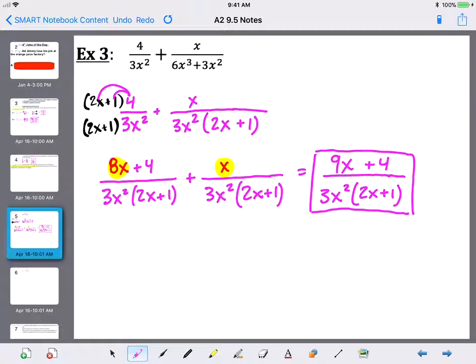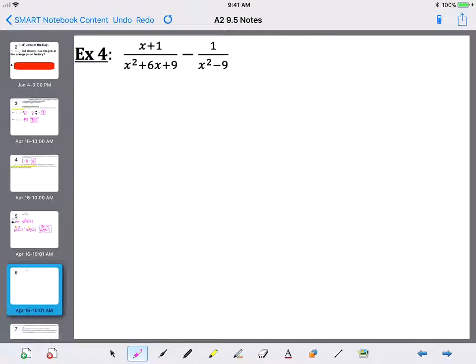Okay, let's look at one more example where we have different denominators. Okay, again, your first step, always factor the original denominators. So in this denominator, I am trying to find two numbers that multiply to 9 and add up to 6. Well, if you think about that, it's going to be 3 and 3.